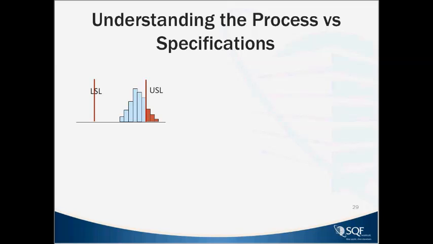So when we now take a histogram and a population and we put spec limits on there, I like to use the analogy of spec limits to goalposts. They don't move. They're the type of thing that you pound in the ground and it's not going to go anywhere.